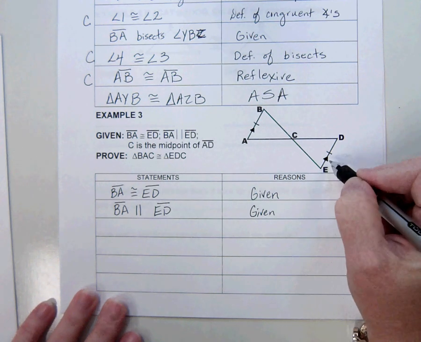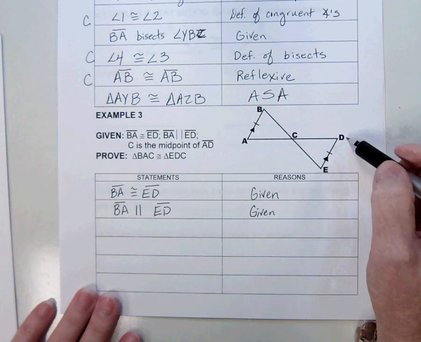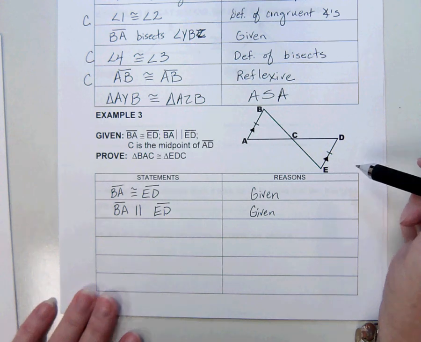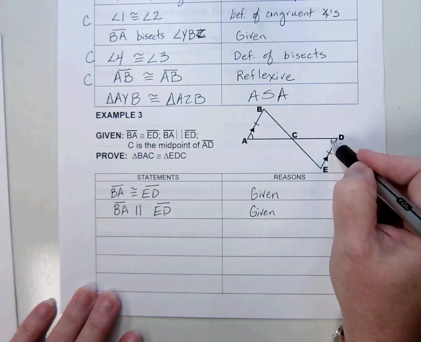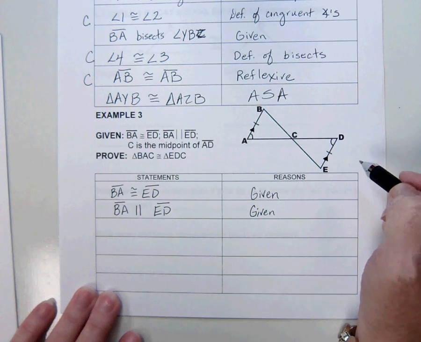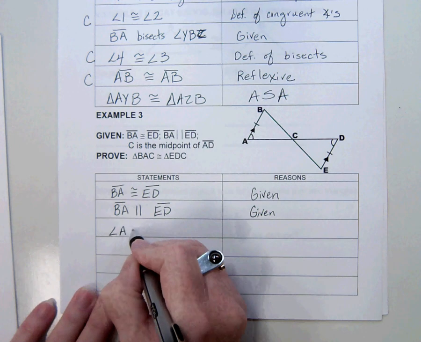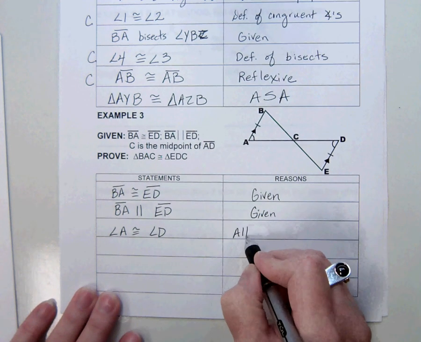Now they probably are telling you parallel to do something with the angles. Since these lines are parallel, these could be called transversals that go through the angle. So if I wanted to mark A and D congruent, I have to give a reason for that, and because the lines are parallel, angle A would be congruent to angle D, and those are called alternate interior angles.